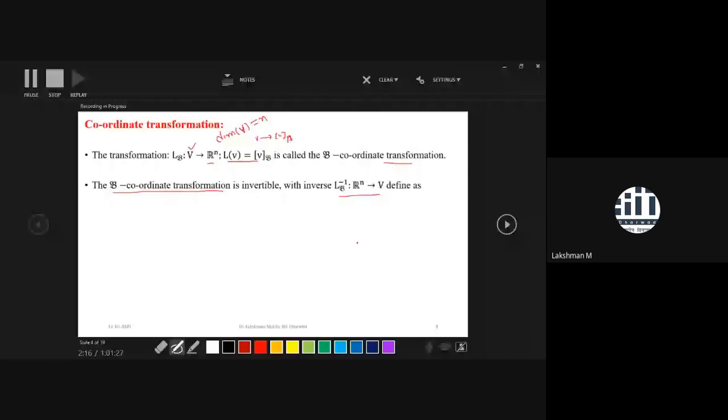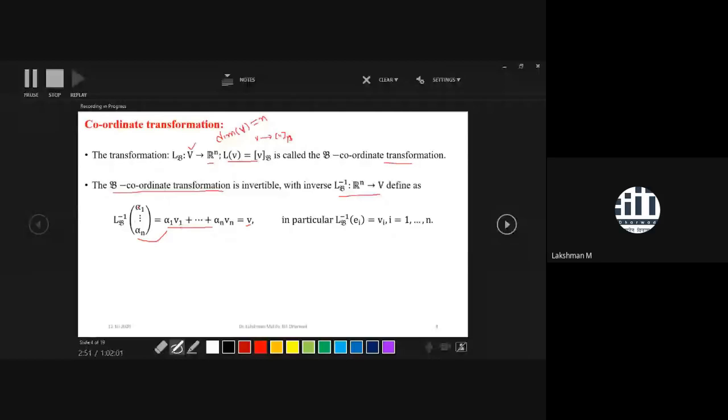So what is the image of a coordinate vector having first coordinate alpha 1, and so on? Just take a linear combination with those coefficients, and this linear combination would uniquely give a vector. So we can say the image of this coordinate vector is the vector v, and v has this coordinate vector.